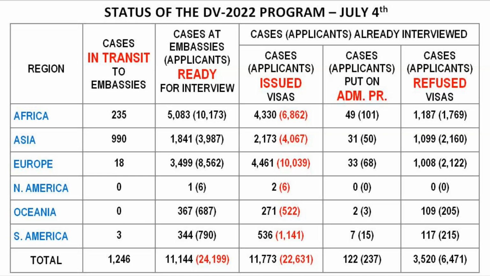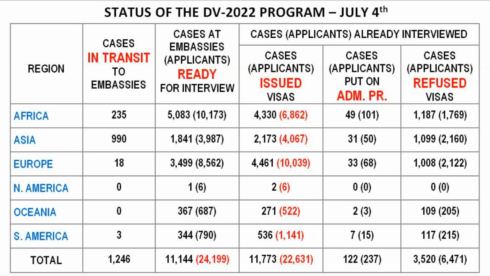After that, we have in the next column issued, that is the number of cases or applicants that have been issued visas. This is a column of interest to us, so we will return to it in a while. After that column, we have the next column that shows statistics for cases on administrative processing. And in our final column, we have the number of cases or applicants that have been refused visas in the DV 2022 program.